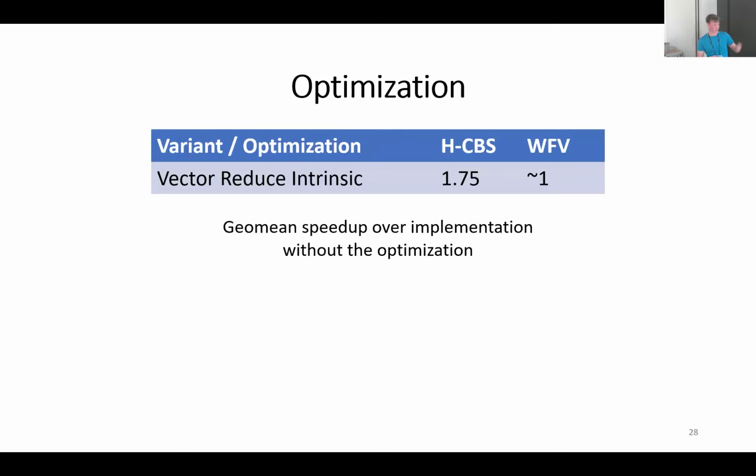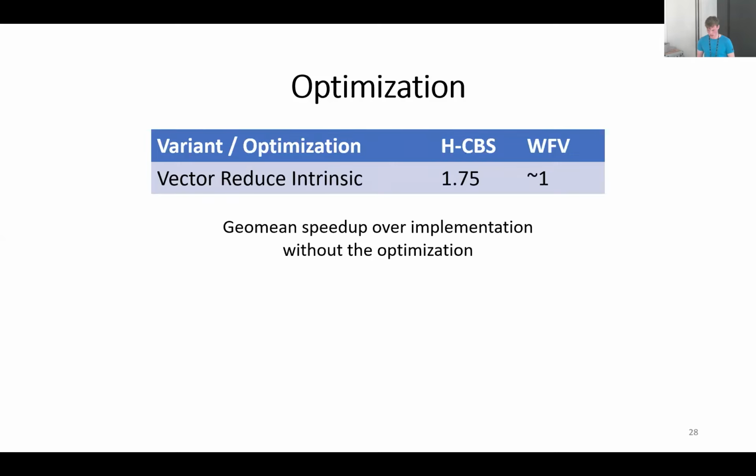For whole function vectorization, this does not appear to make any difference, probably because we already use vector instructions and the hardware ISA does not support vector reductions, so there's no real reason why it should make a difference.